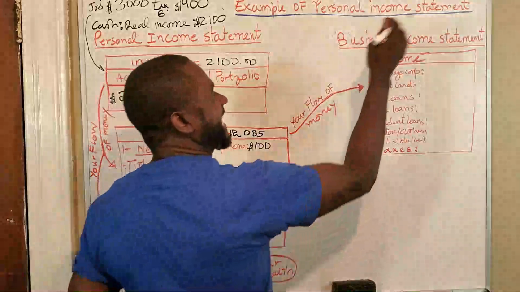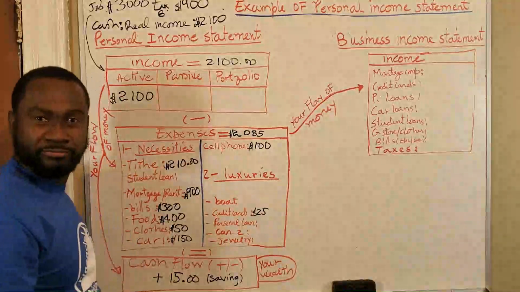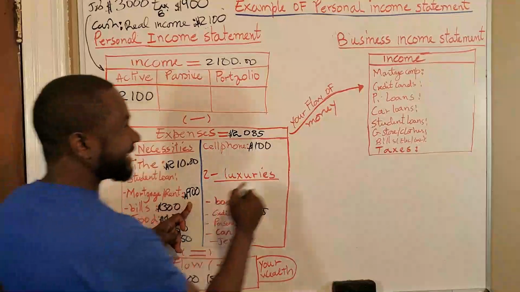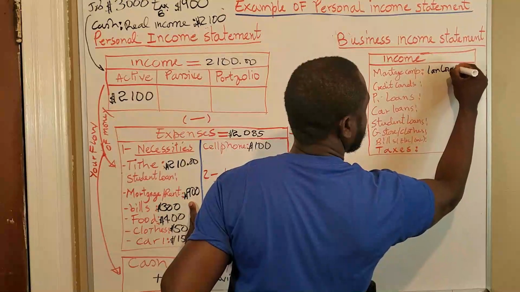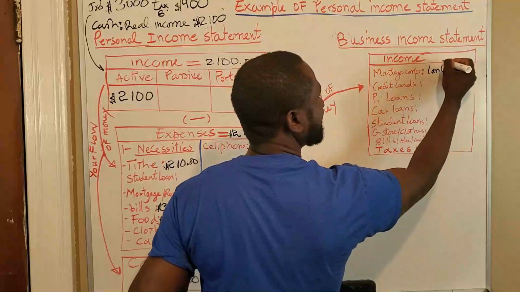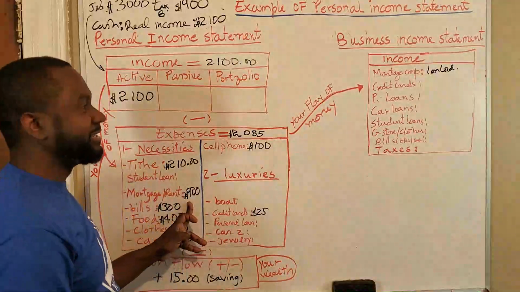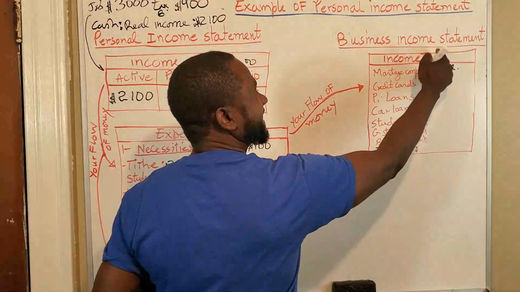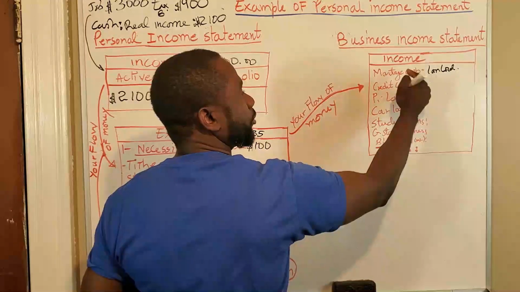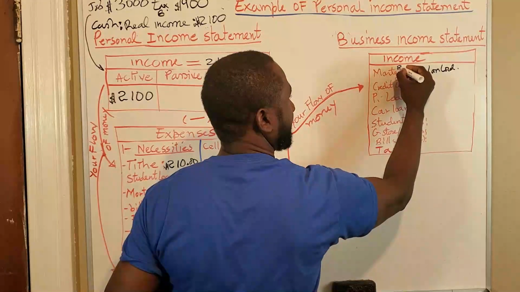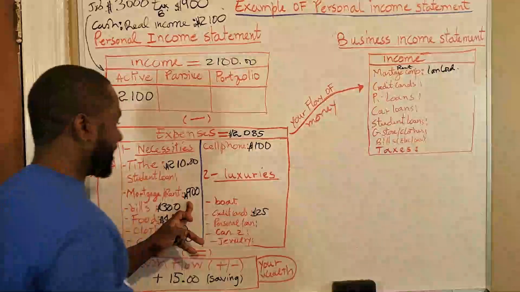This money goes to the income statement of the business you own. For example, your rent would go to your landlord. This is the income statement of your landlord. In your landlord's income statement, the landlord is the business, you will have your rent in there.